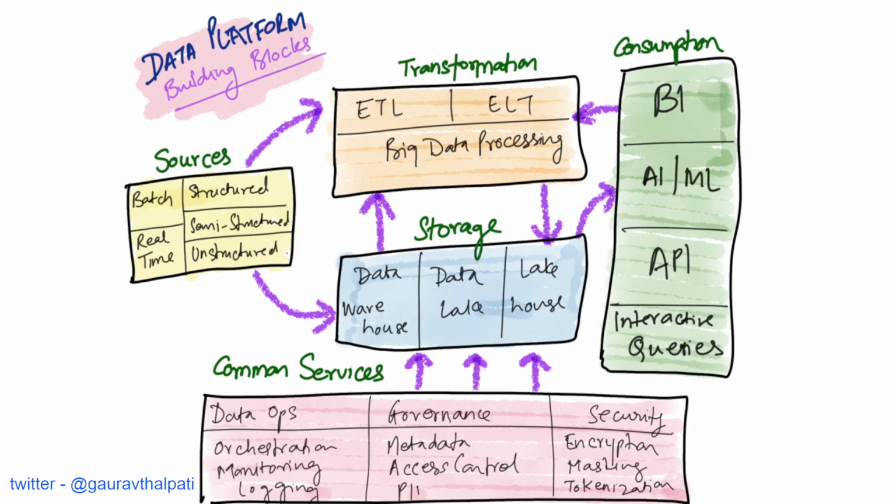So let's say we are getting the sources and we are going to transform the data first. In transformations, there are different tools that we'll have to think about and select based on the requirements. This can be a big data kind of processing where you need the Hadoop framework or something like a Spark framework to process the data.